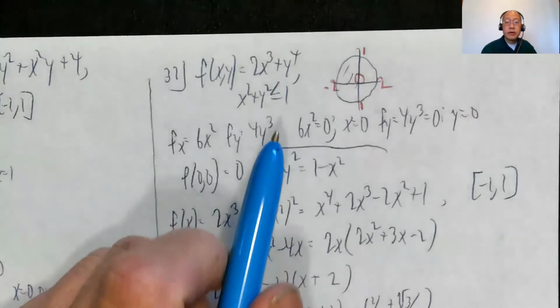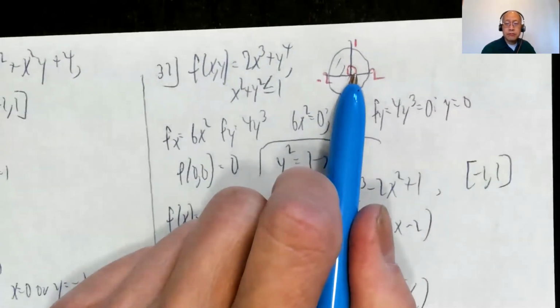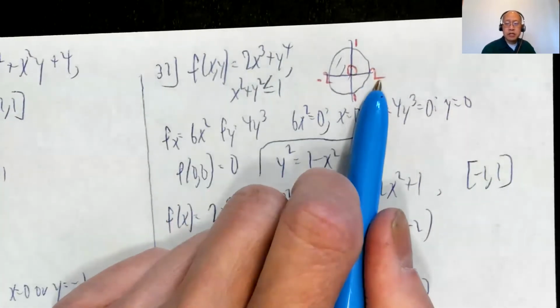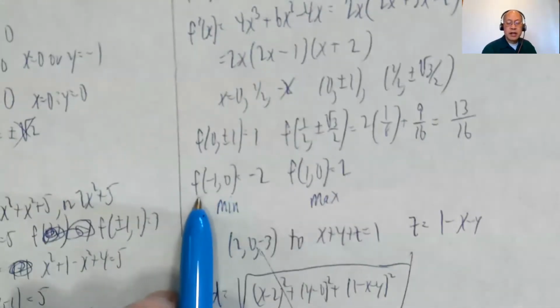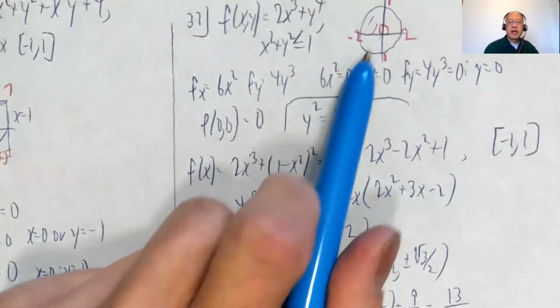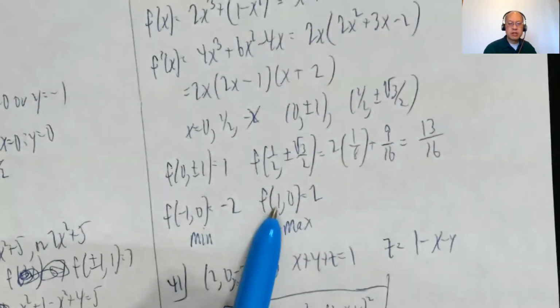All right, so we have it: 0, negative 2, positive 2, 1, 1, and 13/16 is between negative 2 and 2. So we're done. F of negative 1, 0 is negative 2. That's the minimum. And here's the maximum. F of 1, 0, which is 2, is going to be my maximum in this particular case.